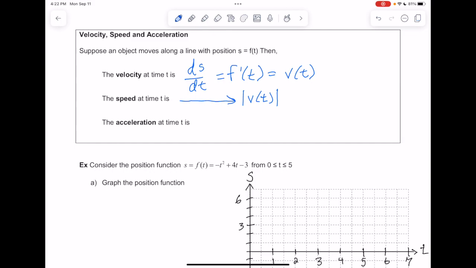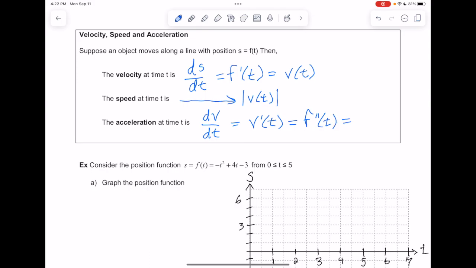And then one we haven't talked about yet is acceleration. Acceleration is the rate of change of velocity with respect to time. So acceleration is the rate that velocity is changing with respect to time, which means it's the derivative of velocity with respect to time. So that's v prime of t. And remember that v of t is f prime of t, so the acceleration, if it's v prime, is also f double prime.